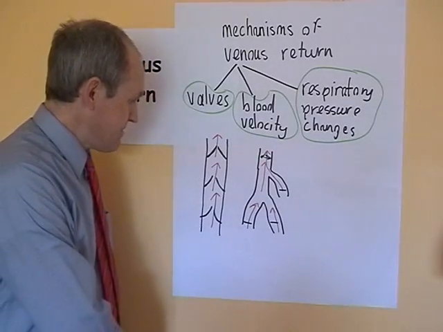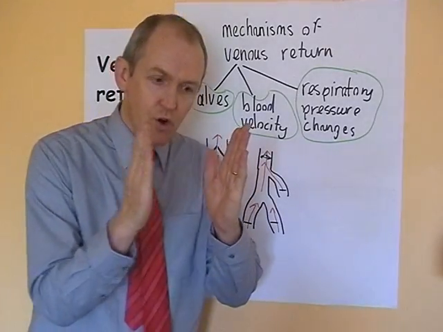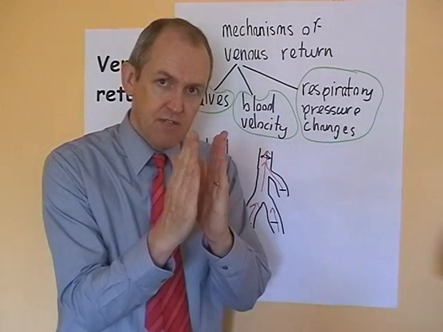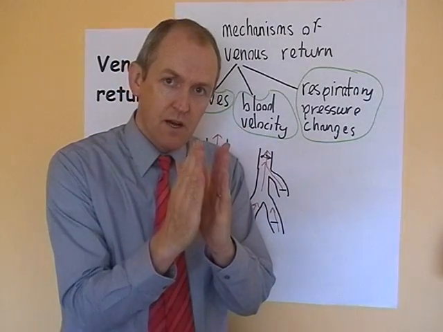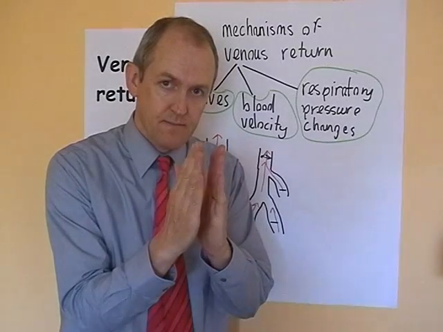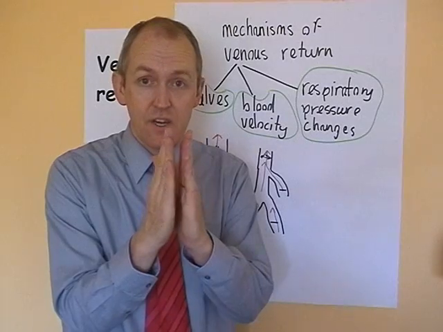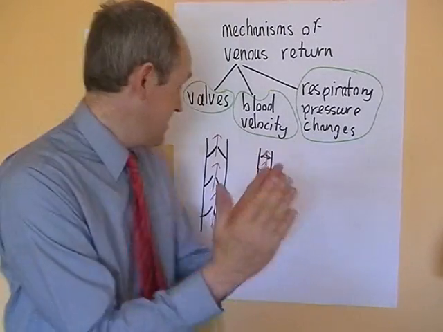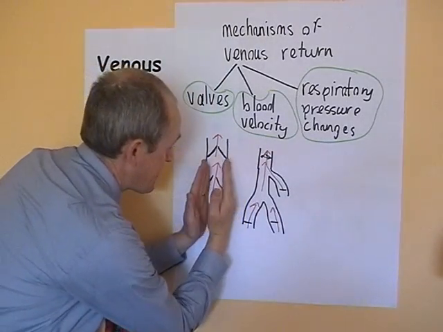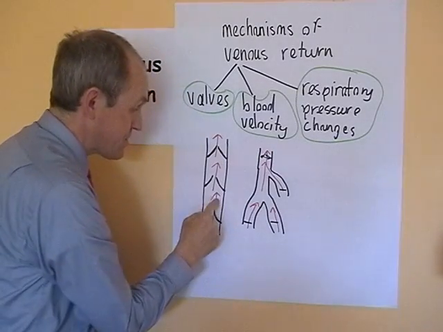Well, the answer is that the veins are physically squashed as a result of the movement of adjacent structures. If you squash the vein down, we squash this vein down, can you see it's going to increase the pressure in here?